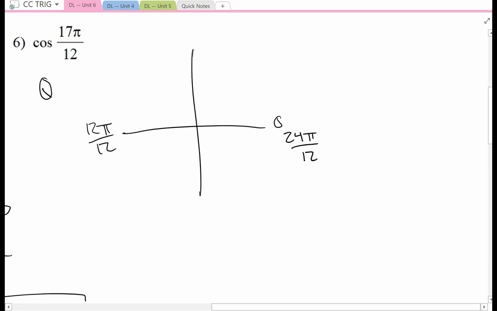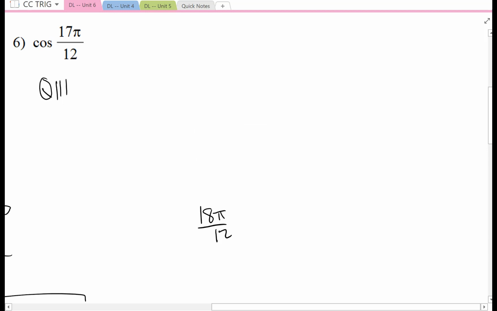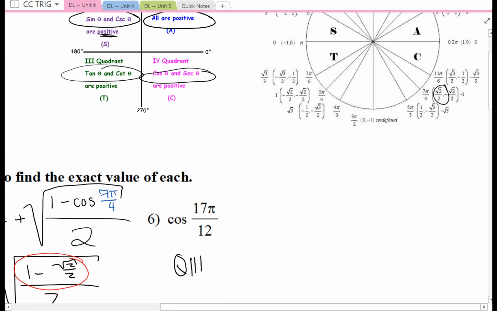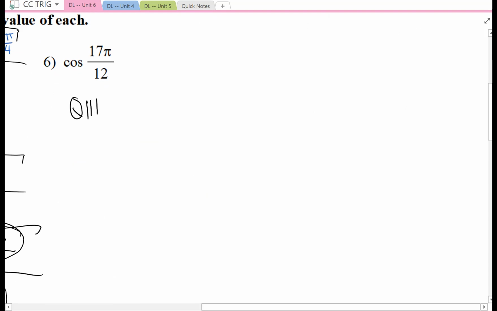Halfway between 12 and 24 is just 6 units away from each, so that's 18 pi over 12. Okay, that gives me a picture. So 17 pi over 12 is in quadrant 3. Is cosine positive or negative in quadrant 3? Only tangent and cotangent are positive in quadrant 3, so cosine is negative.